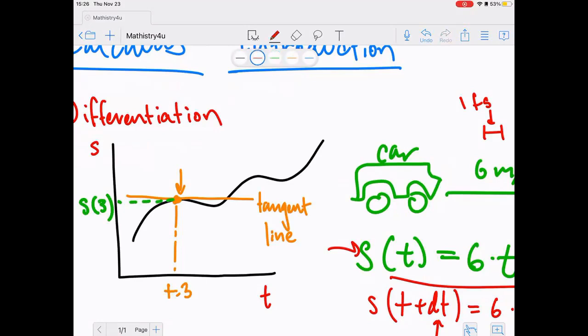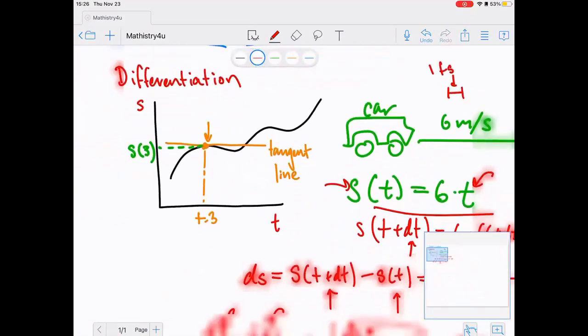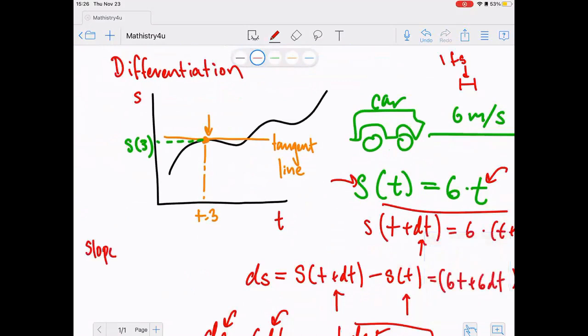So when we look at this, the slope of the tangent line is actually equal to ds/dt. So the change in position over the change in time, whatever that is.